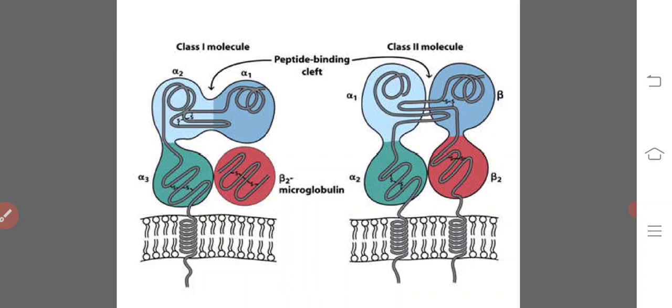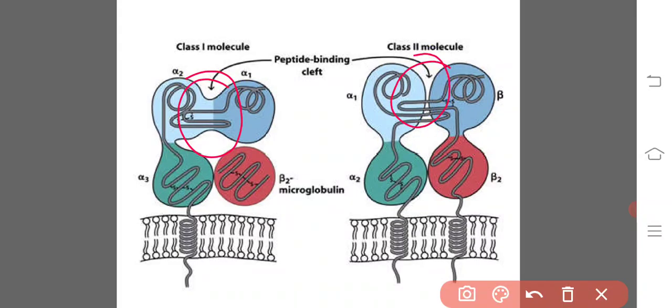In both types of MHC molecules, peptide ligands are held in a largely extended conformation that runs the length of the cleft. The peptide binding cleft in class 1 MHC molecules is blocked at both ends, whereas the cleft is open in class 2 MHC molecules.